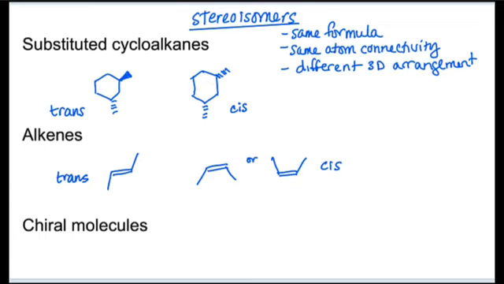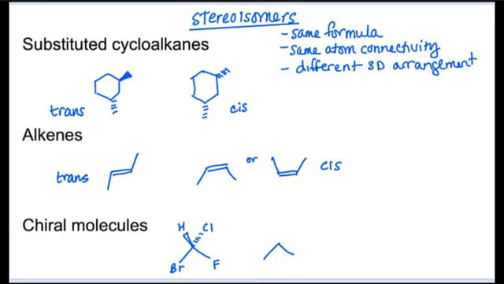The last example that we're going to cover is of chiral molecules. In order to be chiral, the carbon has to be attached to four unique things. So let's have it attached to, say, a hydrogen, a chlorine atom, a fluorine, and a bromine, just to make it clear that there are four totally unique groups.